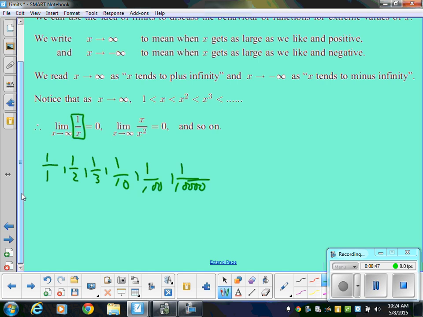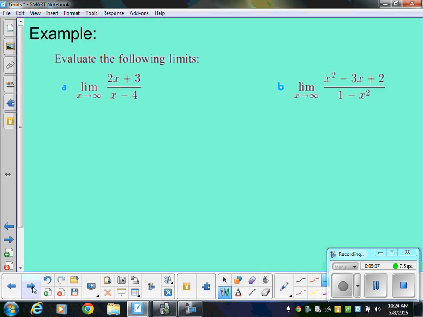Same thing if I have x over x squared, because what can I do with x over x squared? Isn't this x over x times x, and I can cancel one of those out, so really it's just 1 over x again, therefore its limit is also 0. Okay. And we use that idea to do limits to infinity.